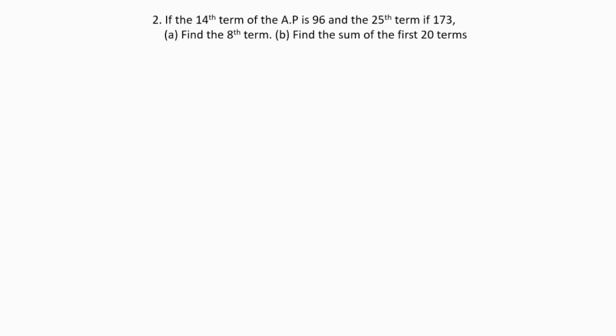If the 14th term of the AP is 96 and the 25th term is 173, A, find the 8th term. B, find the sum of the first 20 terms.